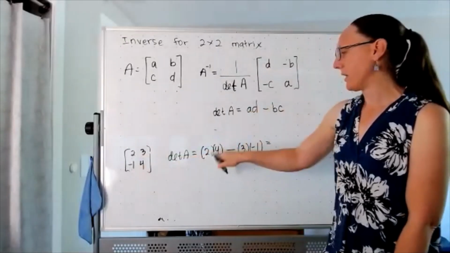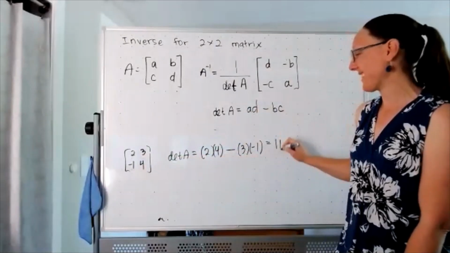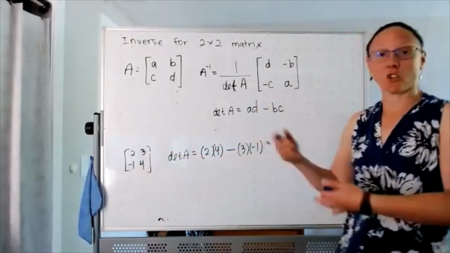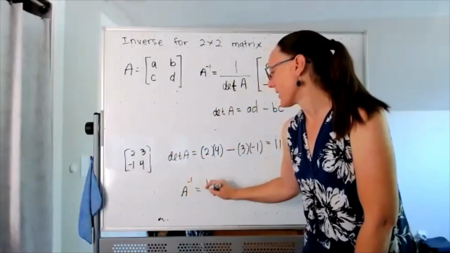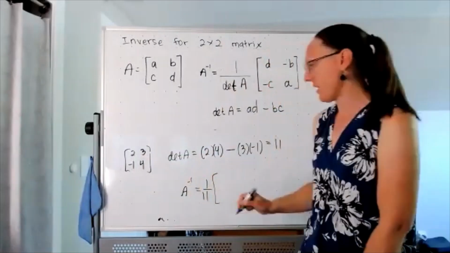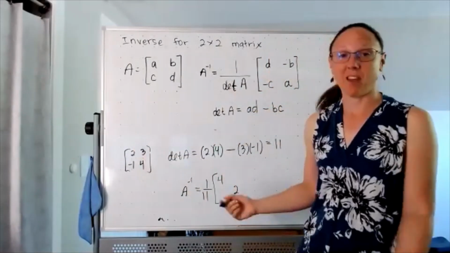And I go, sweet, that's 8 minus a negative, so 8 plus 3, that's 11. And then I would just write down A inverse is equal to 1 over 11 times, swap the diagonal, make the other numbers negative.